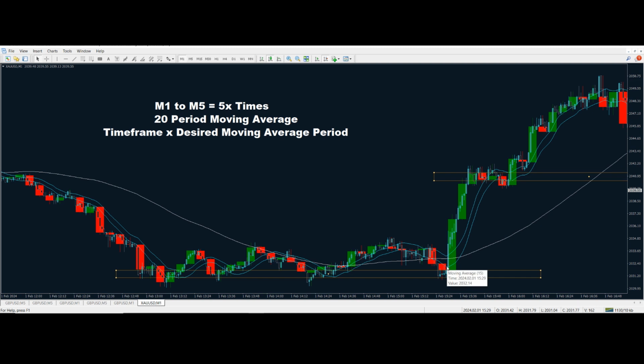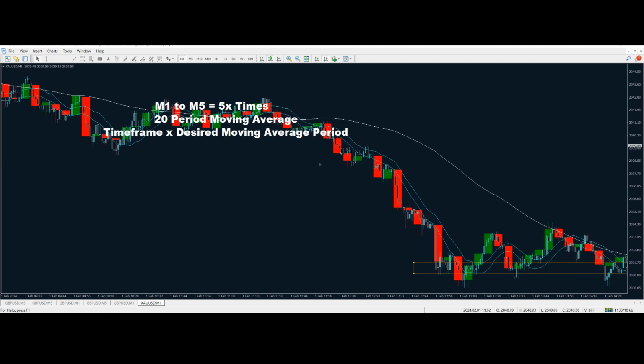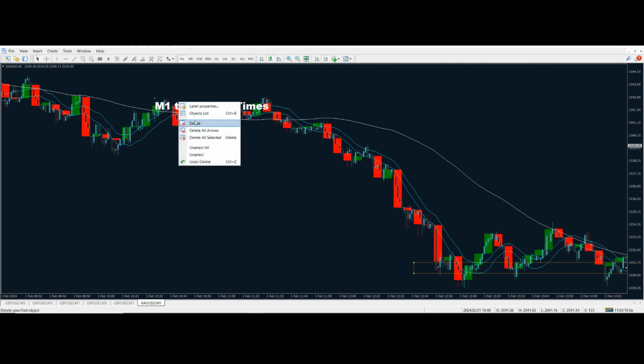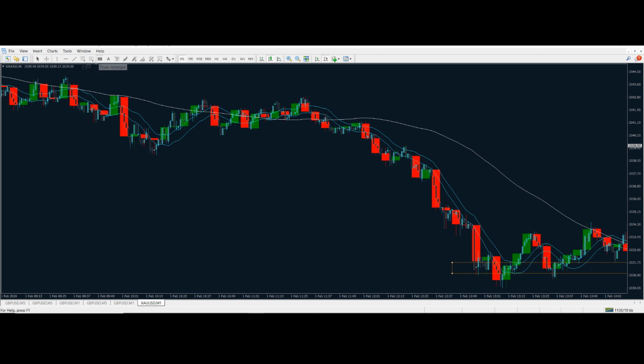and you can use that to understand where is the level where you should start your trade. So if we go back here, let me just remove this, it's not useful anymore, so let's take it out. Another example that you can use is on this level here.